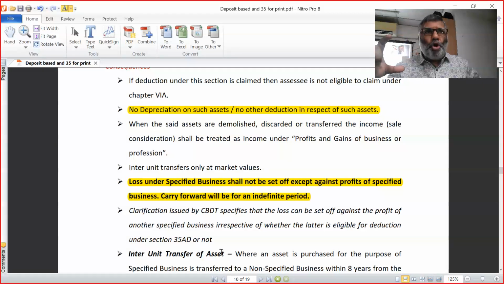It is a new hotel and a 2-star or above category hotel where I am investing. It will qualify under 35AD. New business does not mean the assessee should not have done that business earlier. New business means don't try to transfer plant and machinery from here to there and start a new business. That's what they mean.